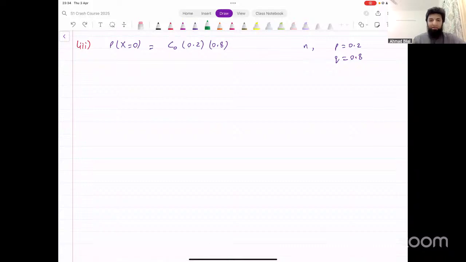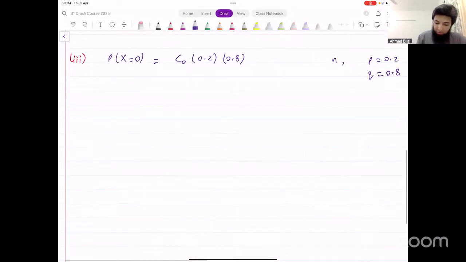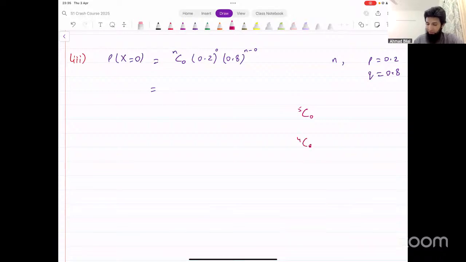They have not changed. So now this is going to be nC0 into 0.2 raised to power 0 into 0.8 raised to power n minus 0. Now, what does this evaluate to? What's nC0? Any number C0, I think we discussed that earlier, if not here, in paper 1: 5C0, 4C0, 10C0 in combinations.